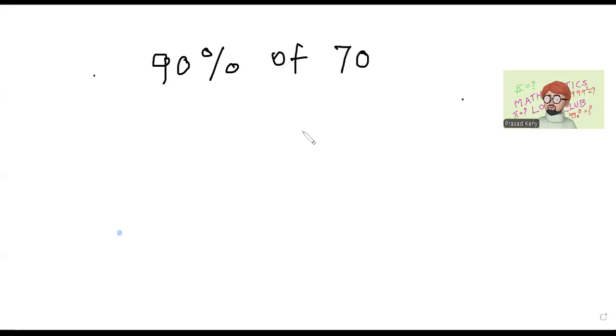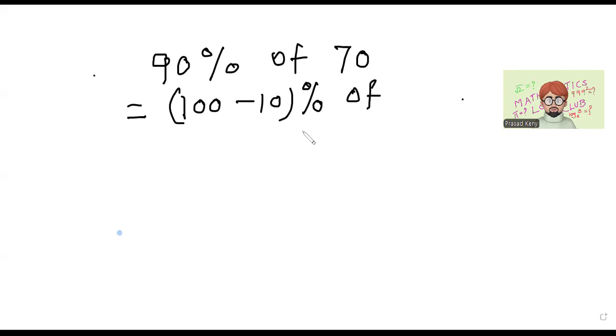Now, I am going to change this method a bit. Since 90% is very close to 100, I am going to write this as 100 minus 10%. 100 minus 10 is 90. So 100 minus 10% of 70.